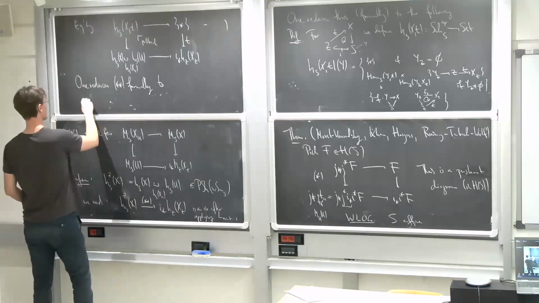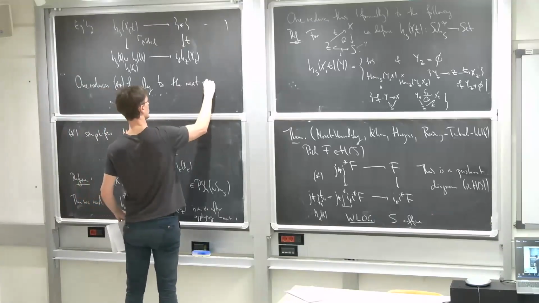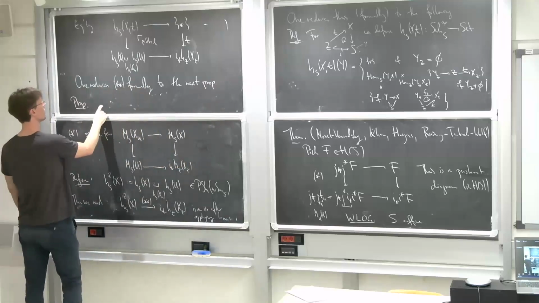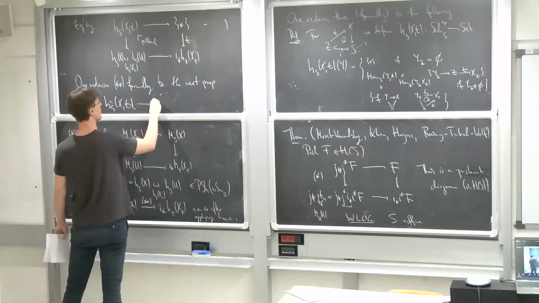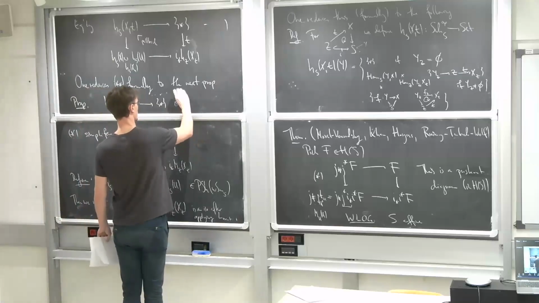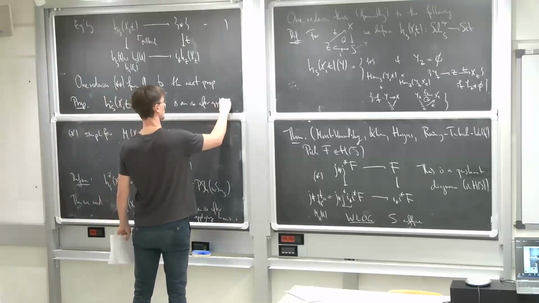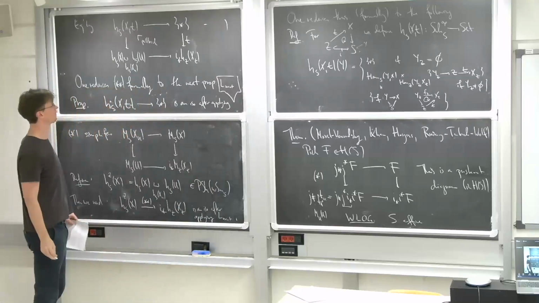The next proposition is that this HS map for T, this map here, I claim this is an isomorphism after applying this L mode.